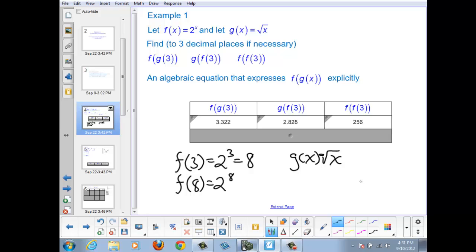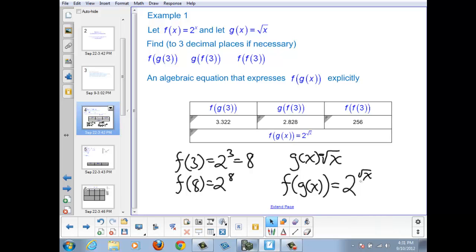And then we take that expression, the square root of x, and we plug it into f. So f of g of x, we take that square root of x and replace x with that expression. So 2 to the square root of x. There we have it.